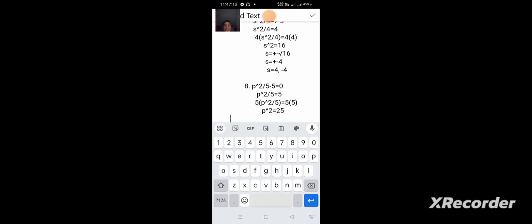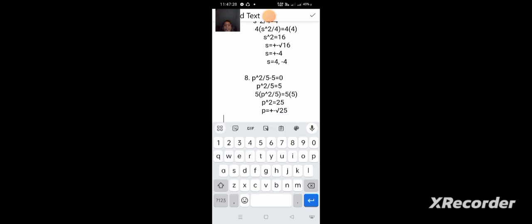Extracting the square root to both sides of the equation becomes p is equal to plus minus the square root of 25. Then the equation now becomes p is equal to plus minus, getting the square root of 25 is 5.